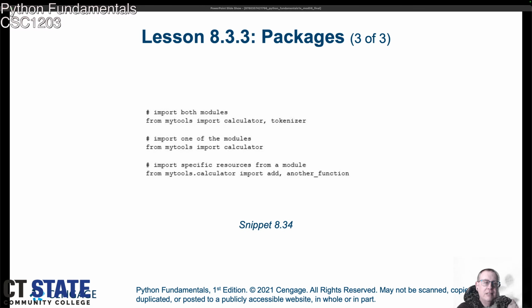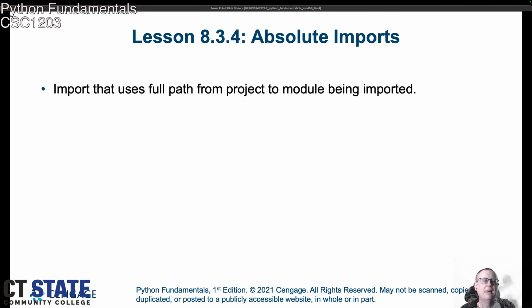And then we can import calculator and tokenizer from mytools, or we can just import one of the modules, or we can import specific resources from the module. We don't have to import the whole module. Normally you're better off using absolute paths to import modules.